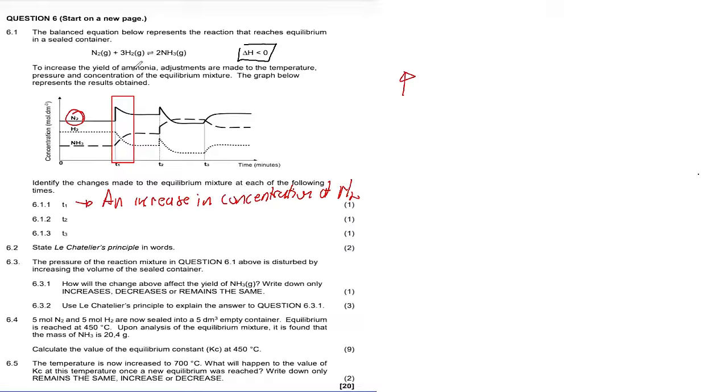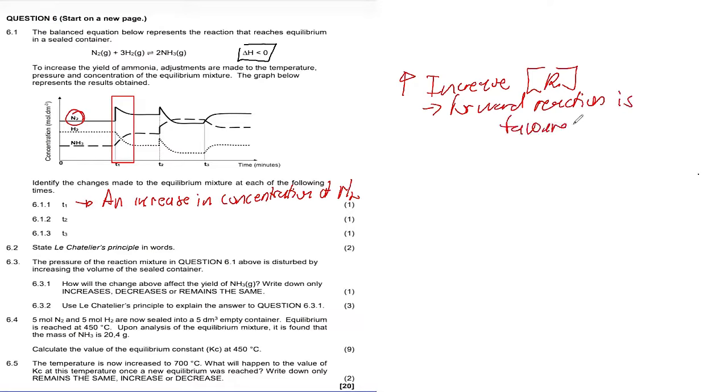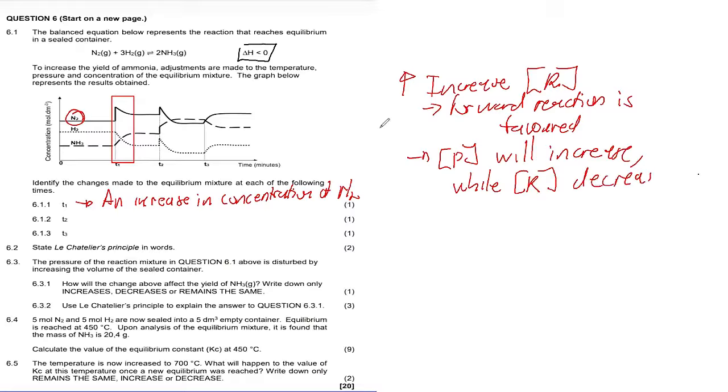We know that increasing the concentration of the reactant, remember, if we increase the concentration of reactants, then forward reaction is favored. And then if forward reaction is favored, then we know eventually the concentration of the product will increase, while the concentration of reactants decreases. Let's see if that happens.